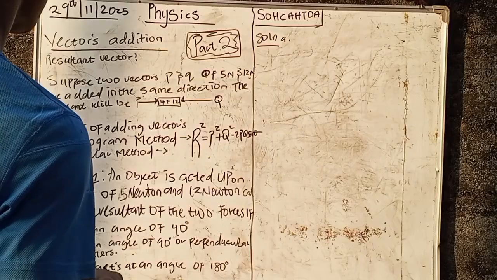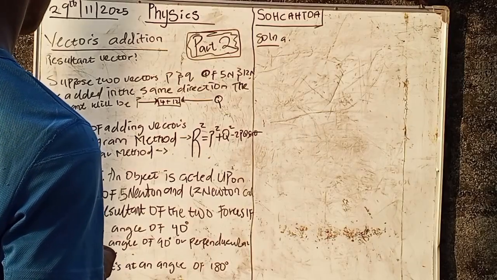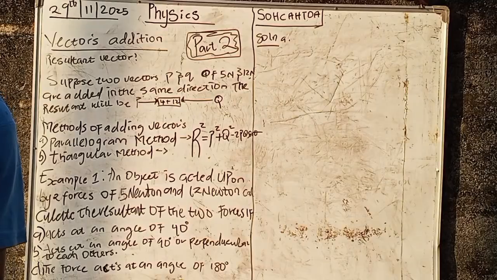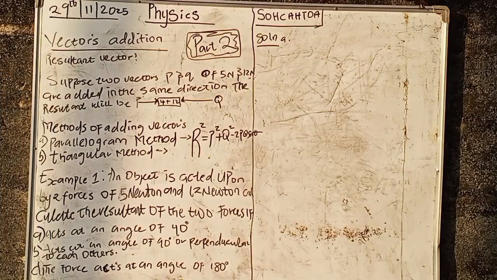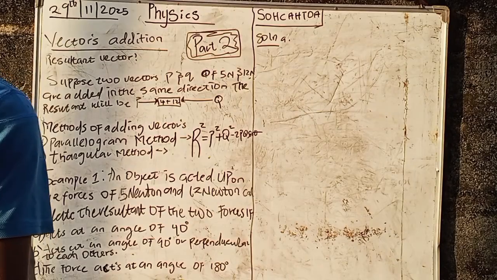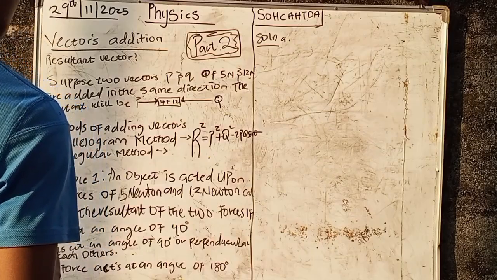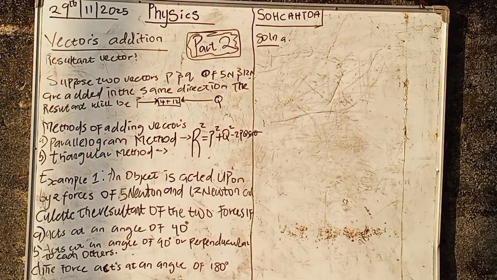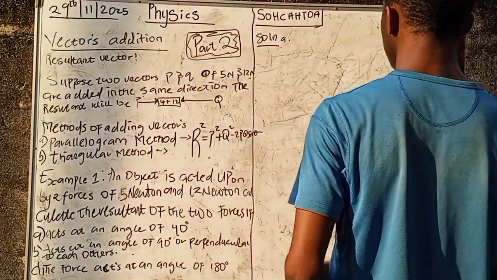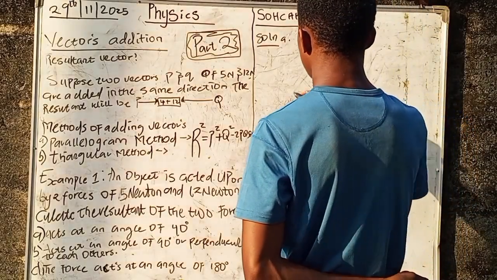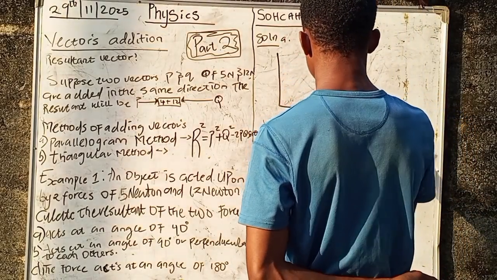Example one. An object is acted upon by two forces of 5 Newton and 12 Newton. Calculate the resultant of the two forces if A acts at an angle of 40 degrees, B acts at an angle of 90 degrees or perpendicular to each other, D the force acts at an angle of 180. So starting from A, we will draw our parallelogram first.